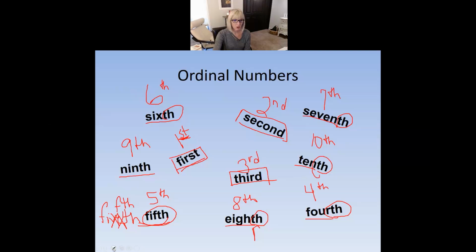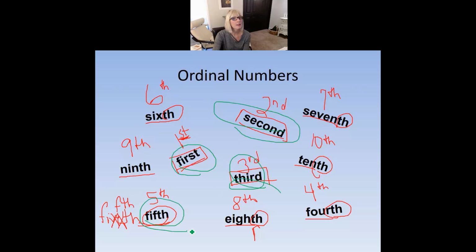The ones that you need to remember that might cause a problem are the first 3. First, second, third. Oops. Fifth, there's no V. There is an F. Goodbye V. Hello F. Eighth, there's only 1 T. The rest look good.